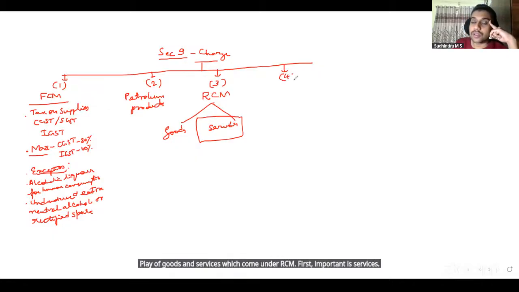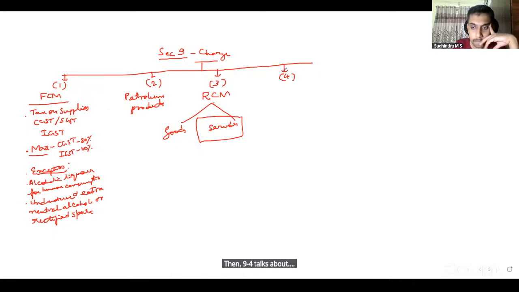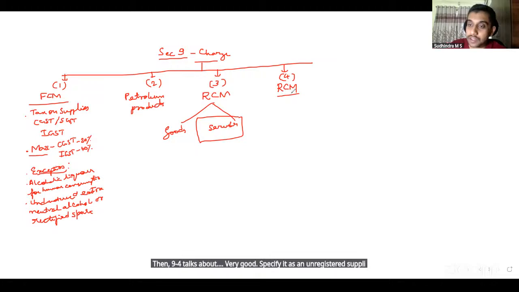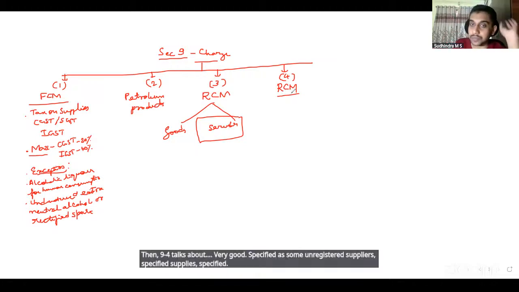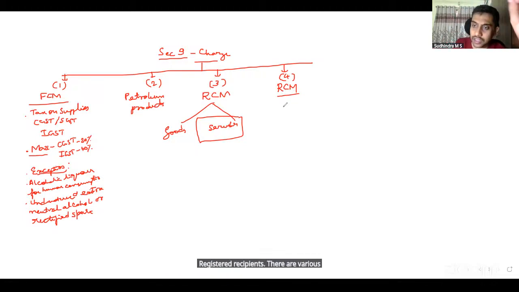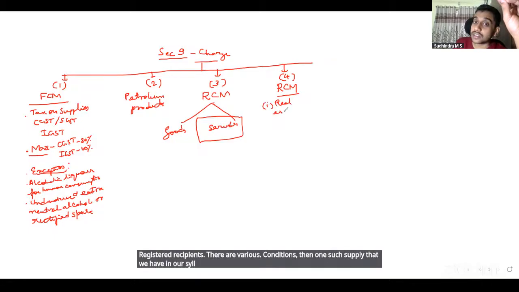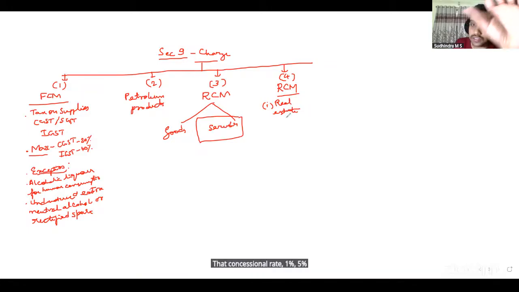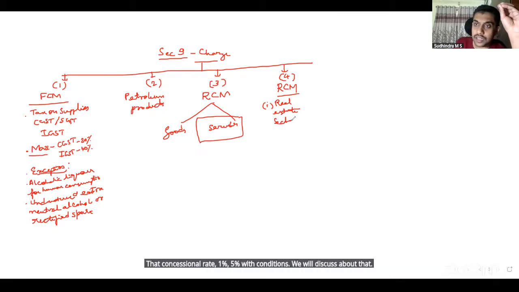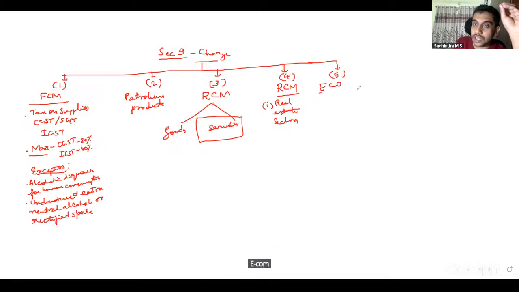Then 9.4 talks about RCM again: specified unregistered suppliers, specified supplies, specified registered recipients. There are various conditions there. One such supply that we have in our syllabus is with regard to real estate sector, that concessional rate 1%, 5% with conditions. We will discuss about that. Then 9.5 e-commerce.